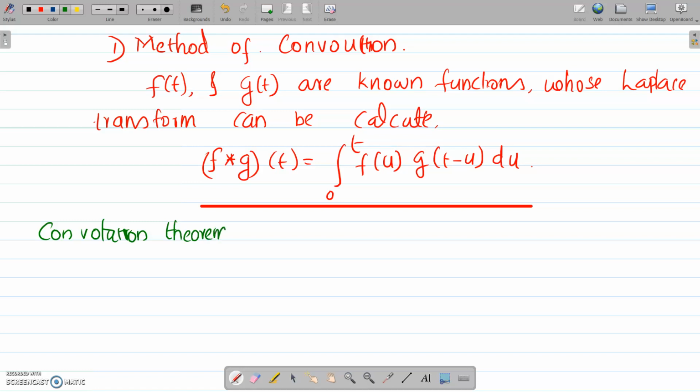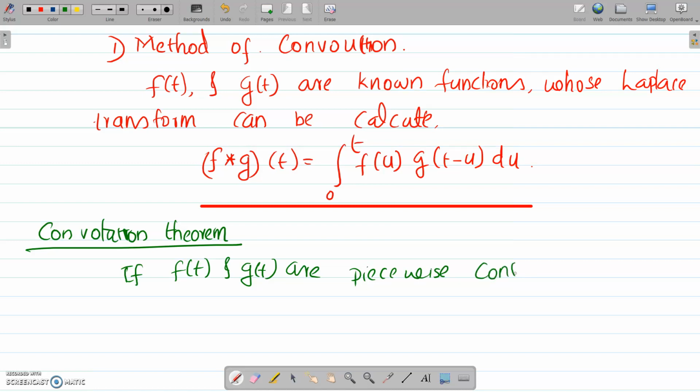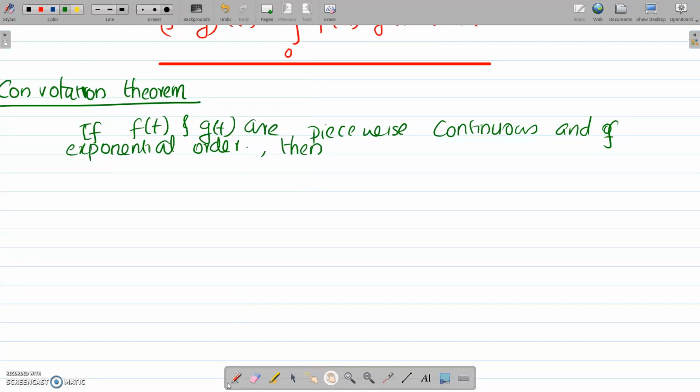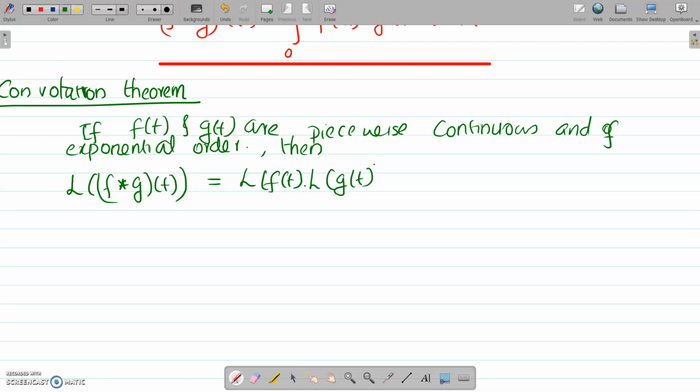The statement is given as: if f of t and g of t are piecewise continuous and of exponential order, then the Laplace transform of f star g of t is equal to the Laplace transform of f of t into the Laplace transform of g of t. That is given by F of s into G of s.